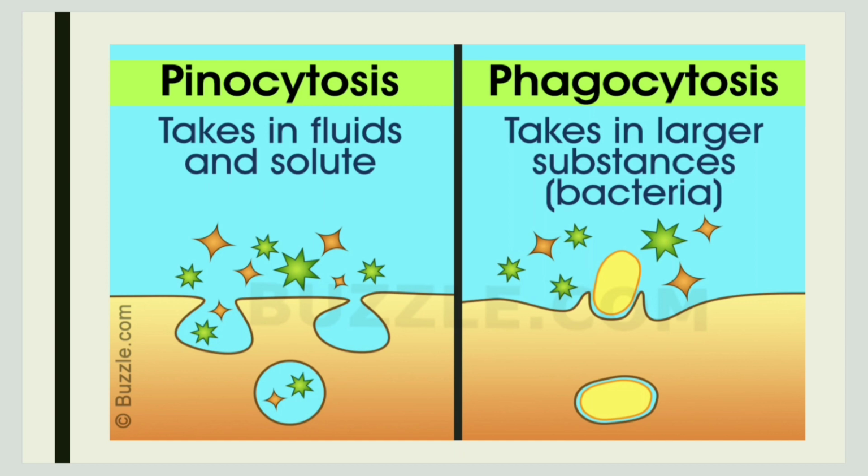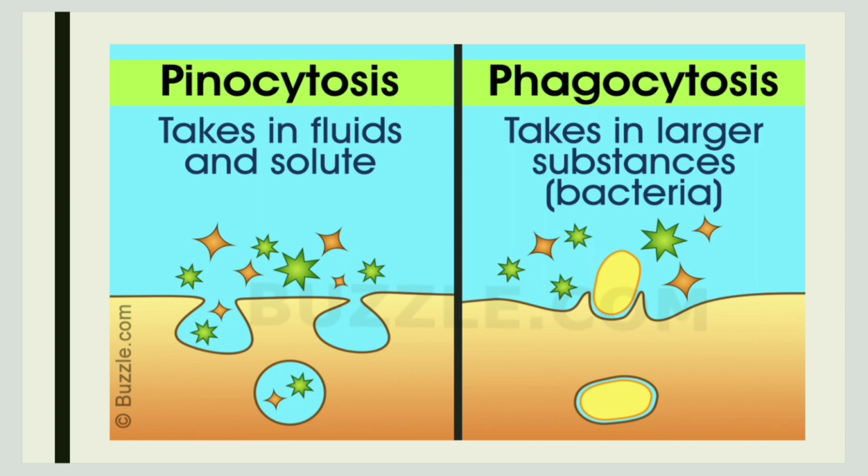So, the steps in phagocytosis and pinocytosis are the same. Once the particles or substances get attached to the cell membrane, they are taken in by the formation of a vesicle.